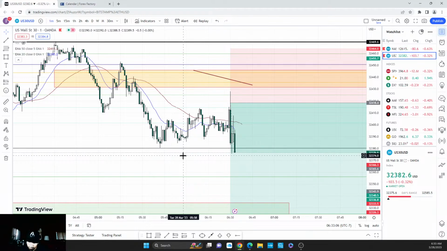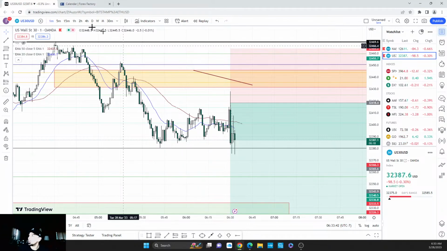It's really holding this area right here, right? See if it can finally break it. Still not breaking it.